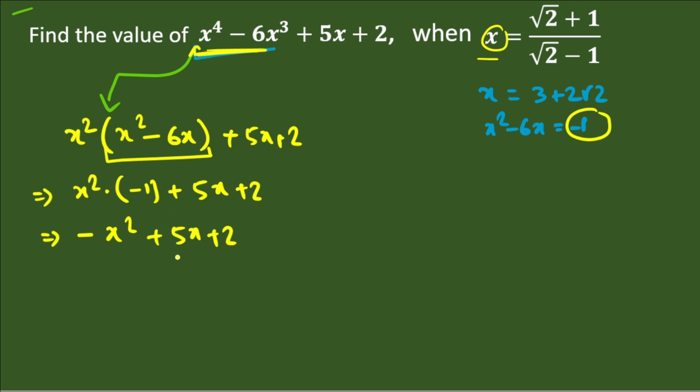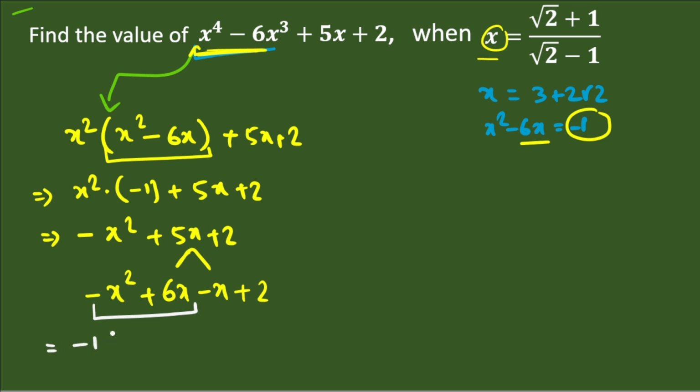Now the next step, we'll convert this 5x into 6x. For that we'll write 6x and minus x. So here it is negative x square, and plus 2. Now from the first two terms, we'll take negative 1 common.